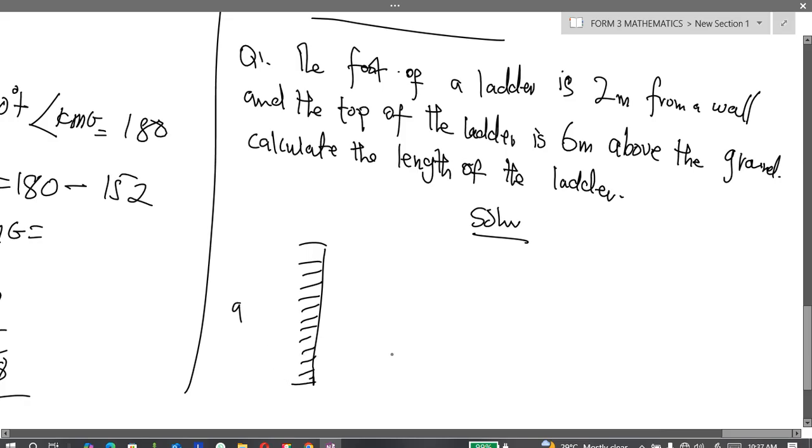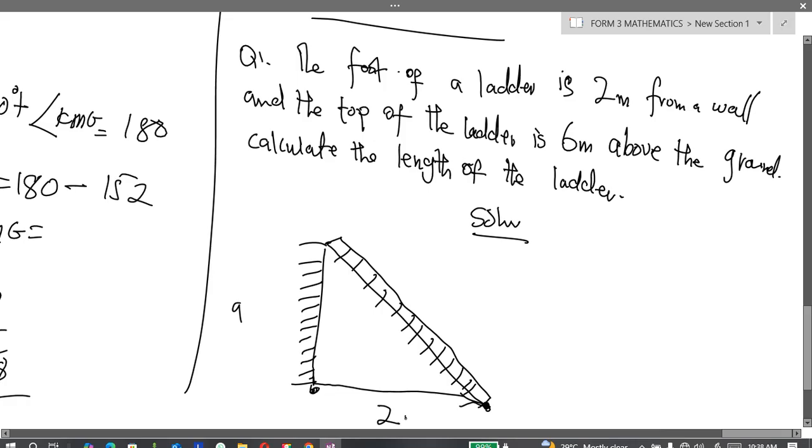The foot of the ladder is 2 meters from the wall. So this is our ladder, this is the foot of the ladder, and this is the wall. The distance between the foot of the ladder and the wall is 2 meters.